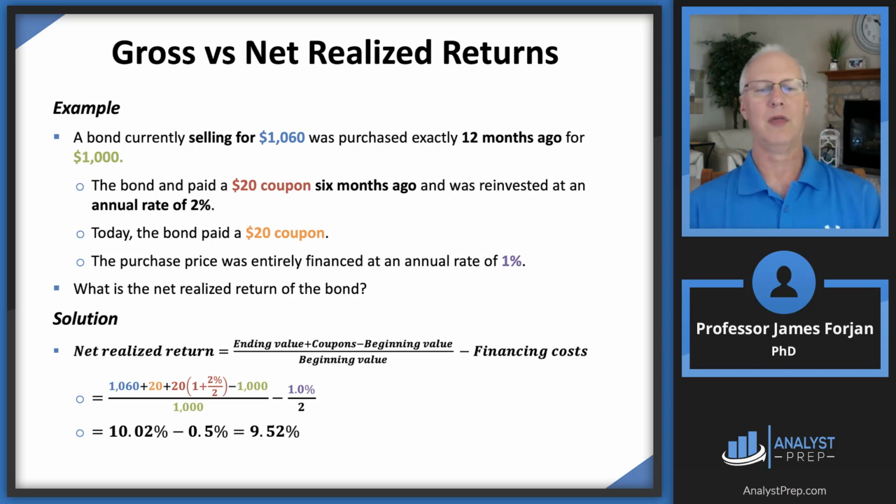And so if you do all that, and notice down in the second to last circle point, I have the gross realized return in different colors. So that gives you about 10%, and then we subtract out the 0.5% financing cost, and that gets us down to 9.52%.